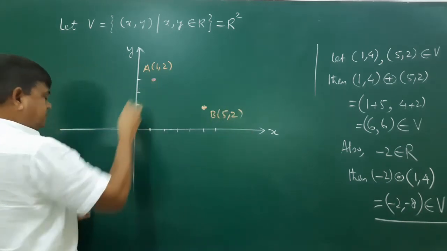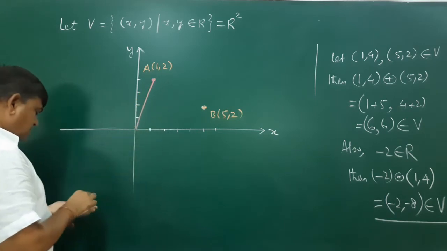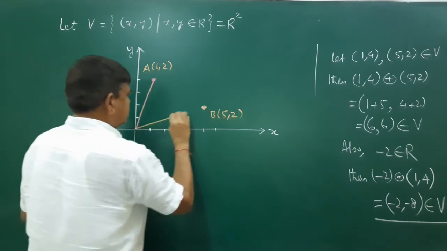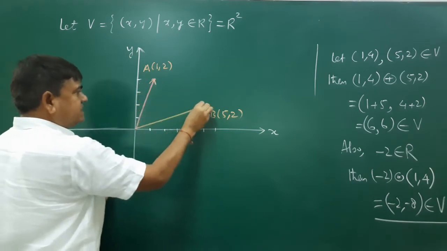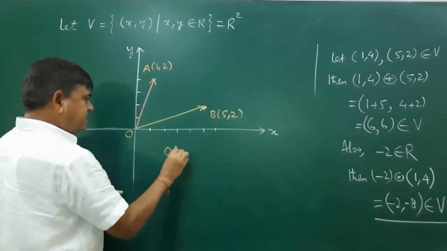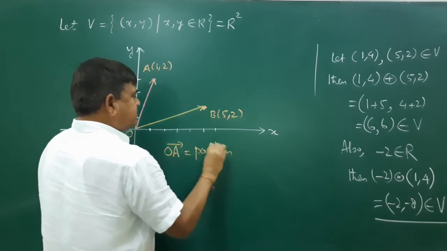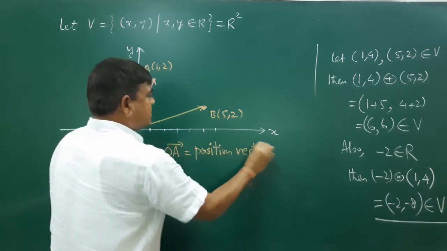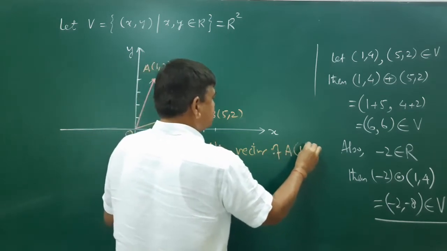I join this one. Similarly, I join this. If I consider this way, then you see OA, this is the position vector of A, that is (1, 4).